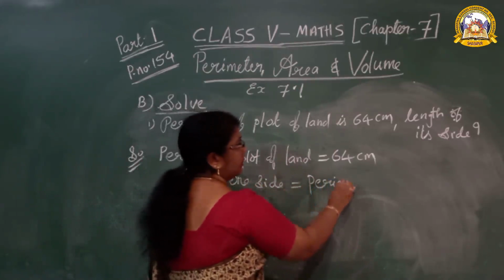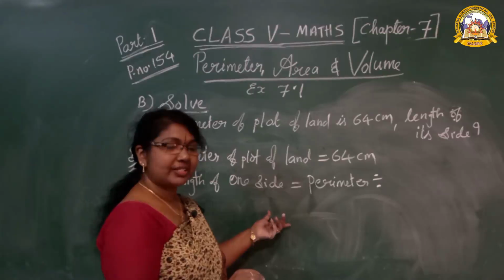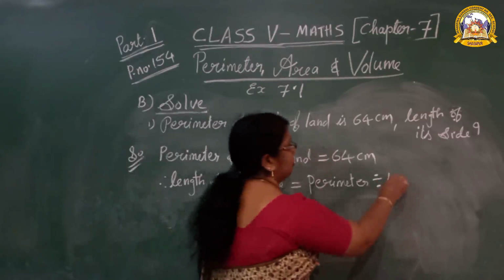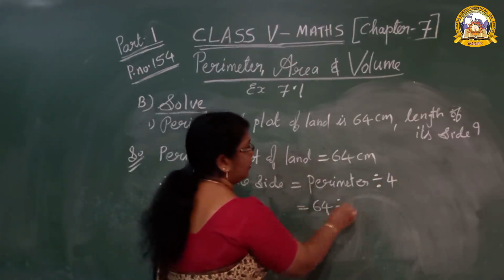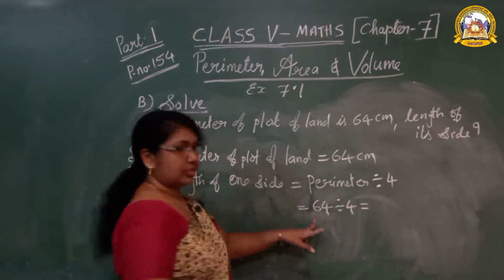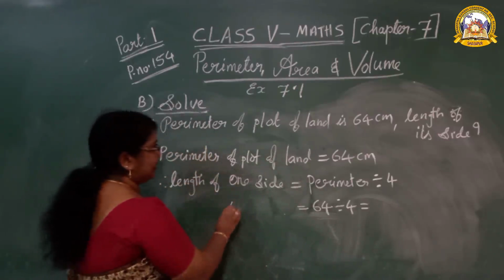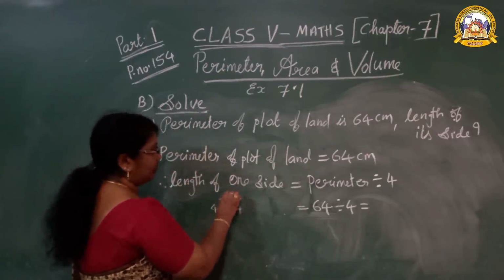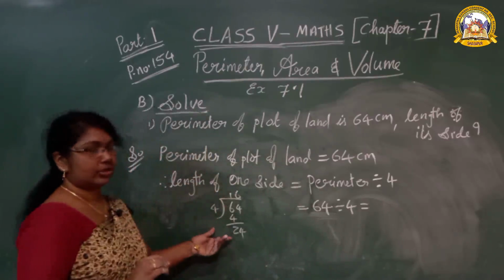Perimeter divided by, in a square how many sides are there? 4 sides. The perimeter given is 64, so 64 divided by 4. You know the 4 table? 4 ones are 4, 4 sixes are 24.